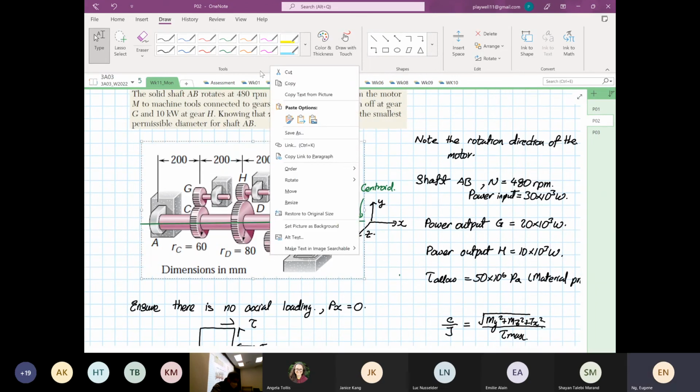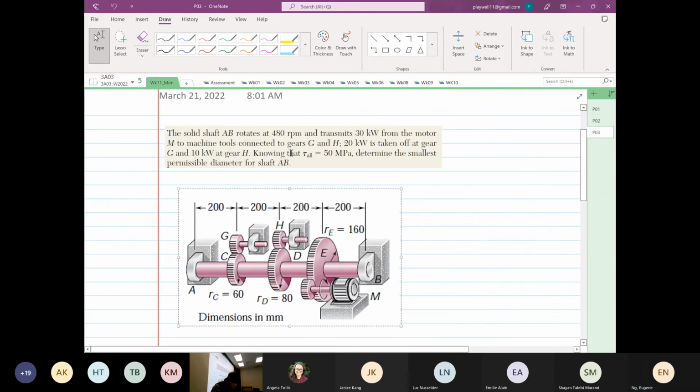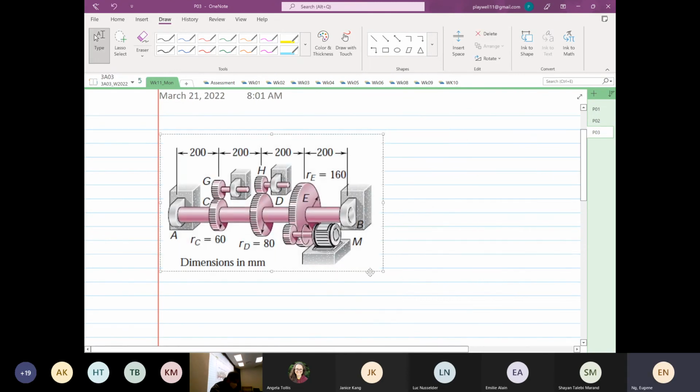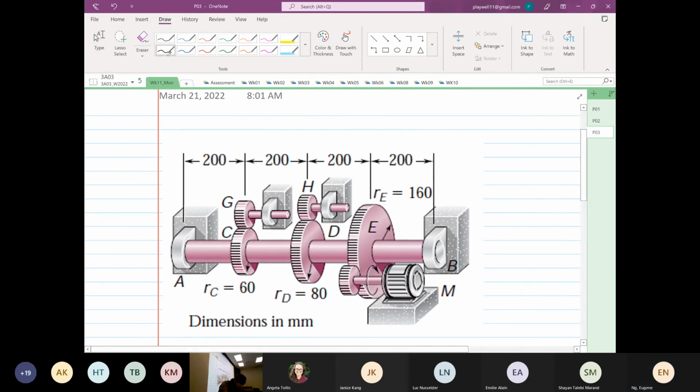The first thing to take note of now is to determine the points of contact.